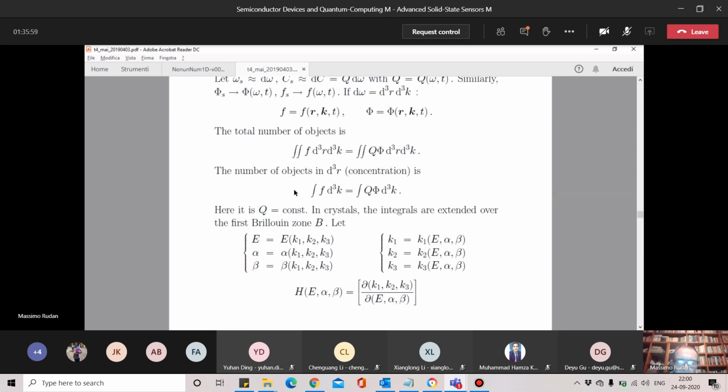Also, you remember that in crystals, due to periodicity, all the physical information about the functions involved in the analysis are defined inside the Brillouin zone, okay? So the integrals with respect to K must be carried out or extended over the first Brillouin zone, okay?